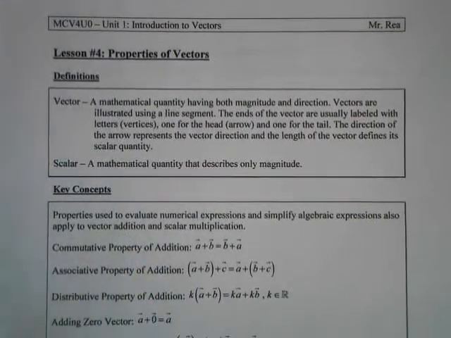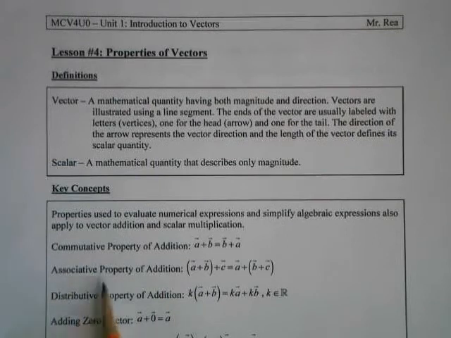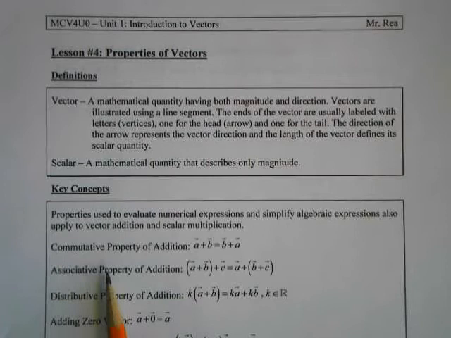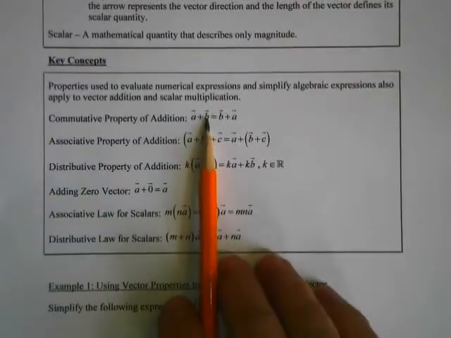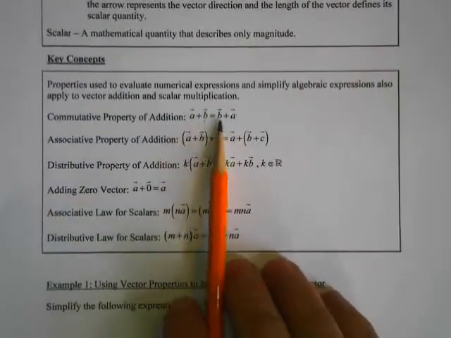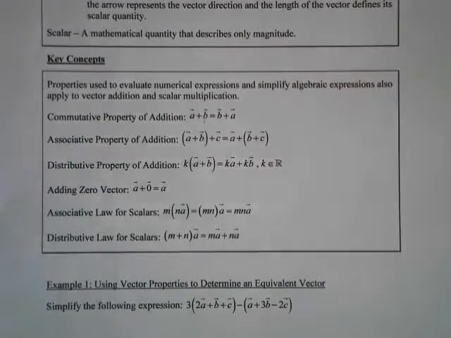So here we have our properties, and you will have to understand what these different property names represent. For example, commutative property means when you add two vectors together, it doesn't matter what order you add them. The result is the same, and we've already used this when we did our parallelogram addition of vectors.